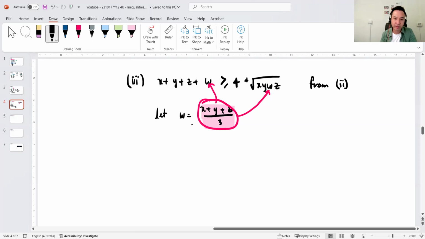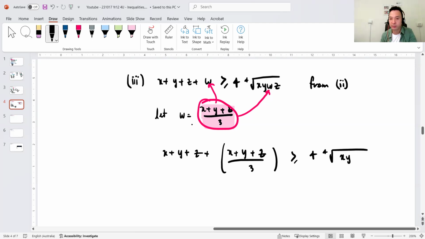I'll show you why. x plus y plus z plus x plus y plus z on 3. So on the right-hand side, just leave it as w, y, z, w, right? Leave the w, don't sub it in yet, just the left. One of these adding with a third of these gives me 4 on 3, right?